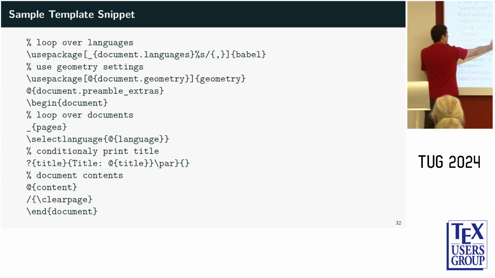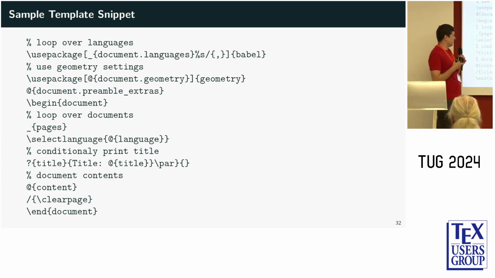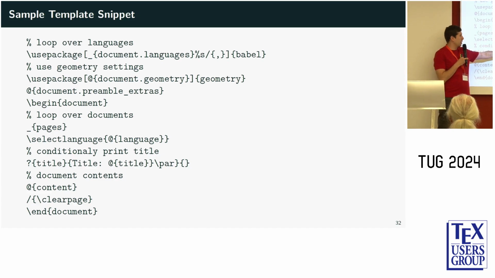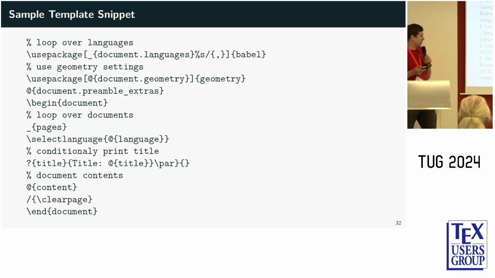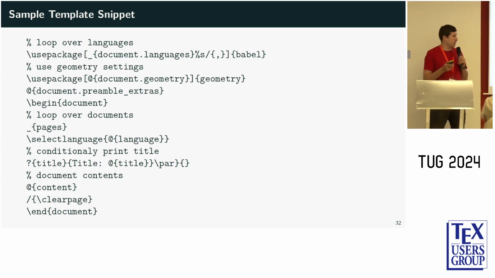In here you get the variables used in the pages. So you have document language, title, and contents, which is the LaTeX content that was converted by Rmodepdf, and we use the separator clear page, so each document is on a separate page.